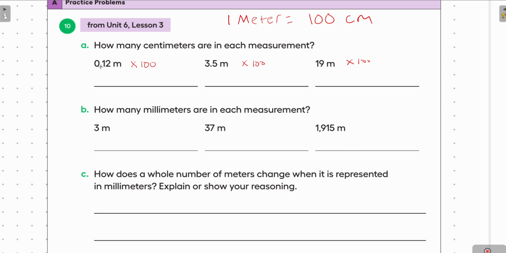When we multiply by a power of 10, in this case 100, this is a shortcut, all we have to do is move the decimal place the number of zeros that you see there. Since you're multiplying, this number is becoming bigger, so you're moving the decimal point this way to make the number bigger.